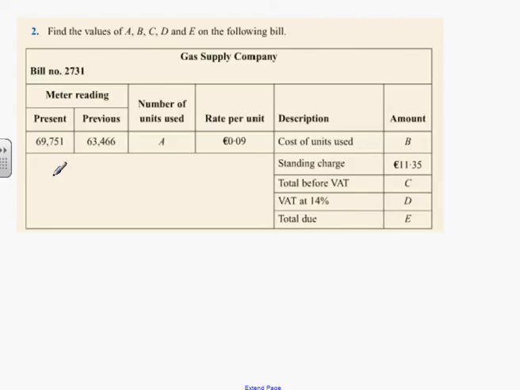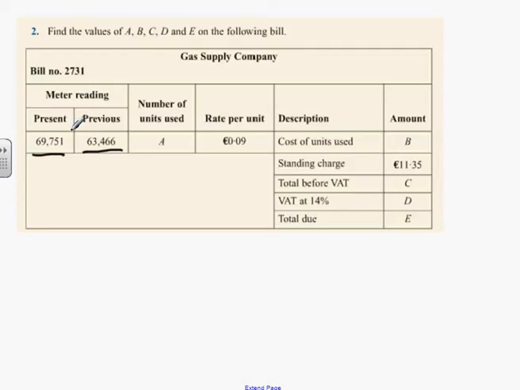First of all, you used to use 63,466 units, but you played a lot of PlayStation or you cooked a lot of food and your gas supply went up. It's now at 69,751. How many units did I use since my previous time to my current time?